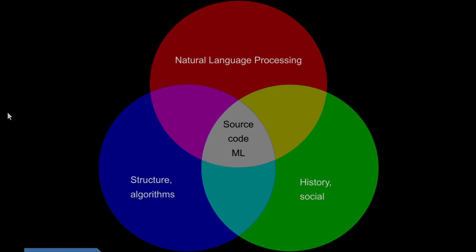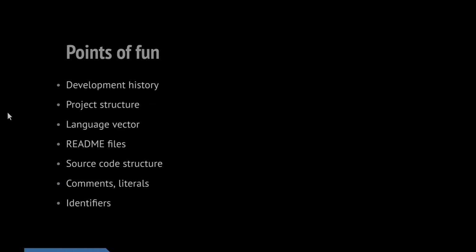You have project structure, so basically the file system, how the project is organized, how files are stored on a file system, dependencies between modules. You have language distribution. I will talk about each one later in more detail. So just let me name the rest.